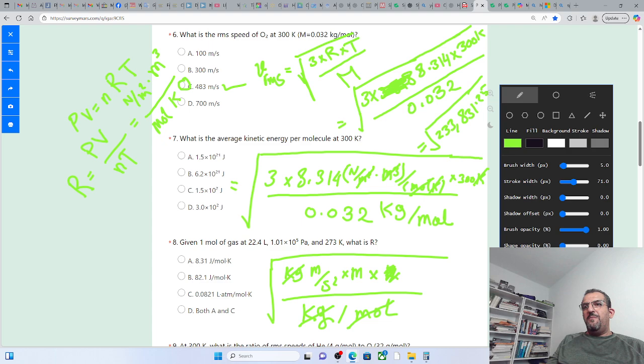We will end up with square root of meter squared over second squared, and that's going to give me meter per second, which is the velocity units. So I already cancelled this mole with this mole, this Kelvin with this Kelvin, meter squared with meter squared. So I just end up with one meter, which is what we have right here.